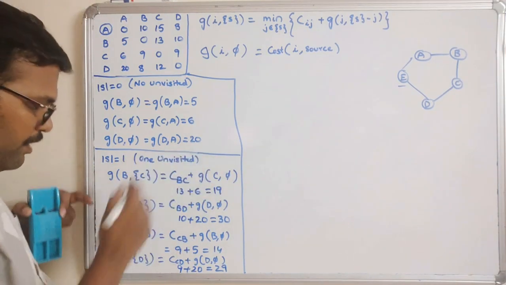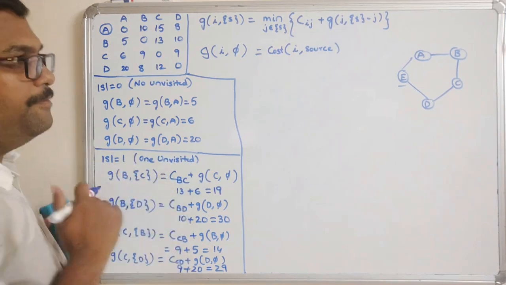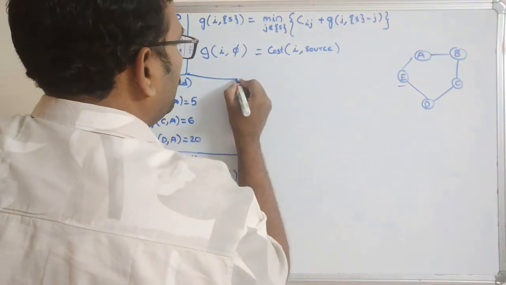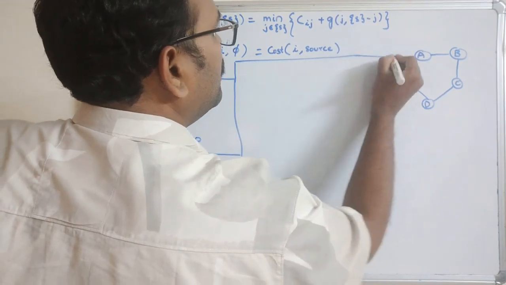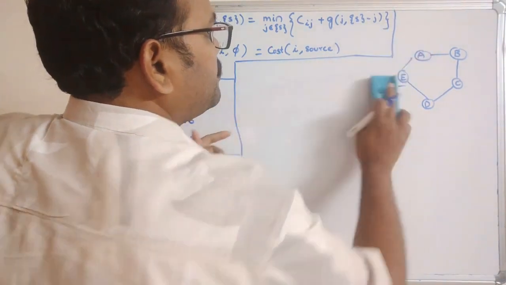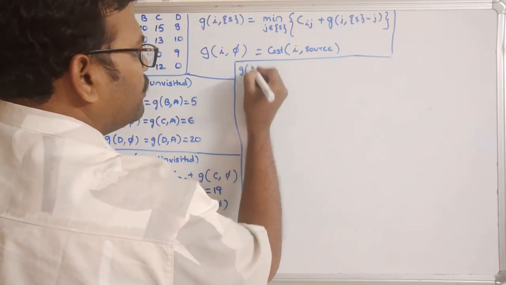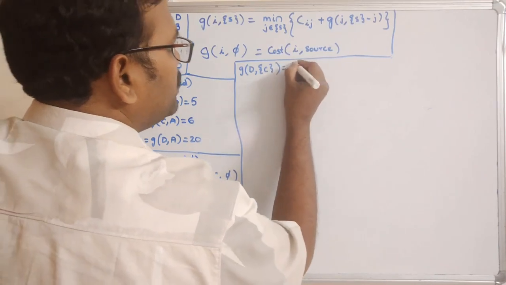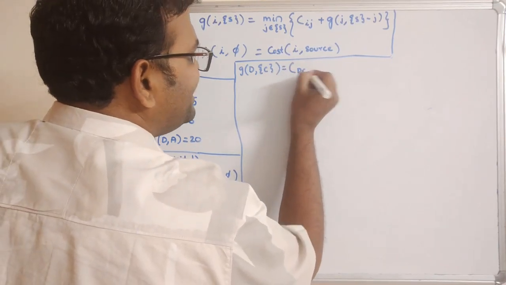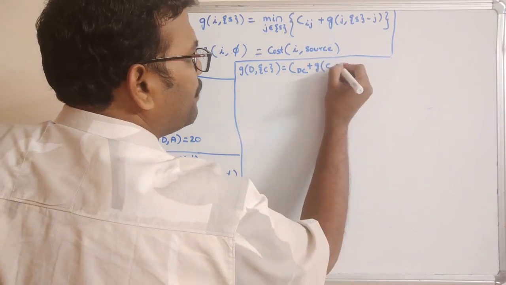Okay, so we have completed the two vertices. Now, if we are at D, so G of D comma, the possibilities are C, which is cost of DC plus G of only one element, C comma pi.